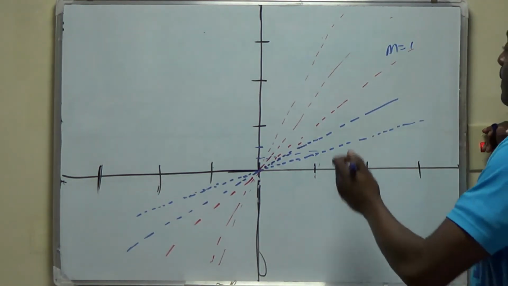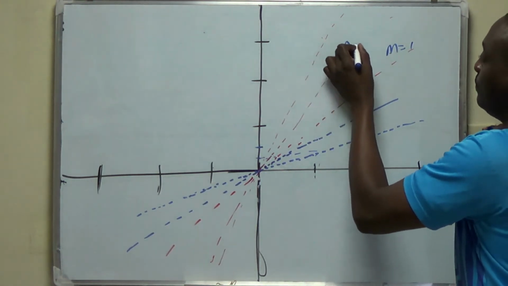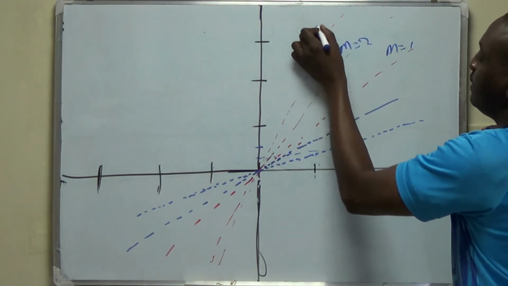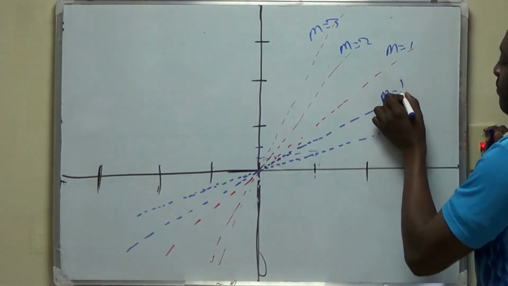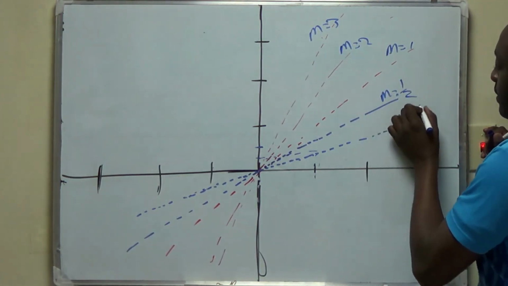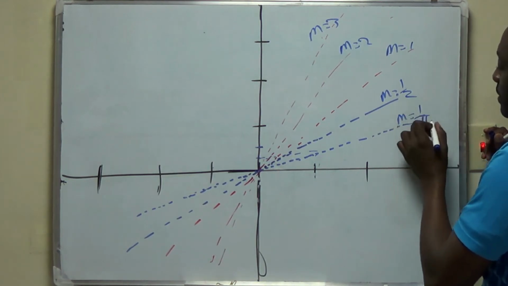Right? In this line, the gradient was 2. Here now, your gradient is 1/2. And here, your gradient is a quarter. Right?